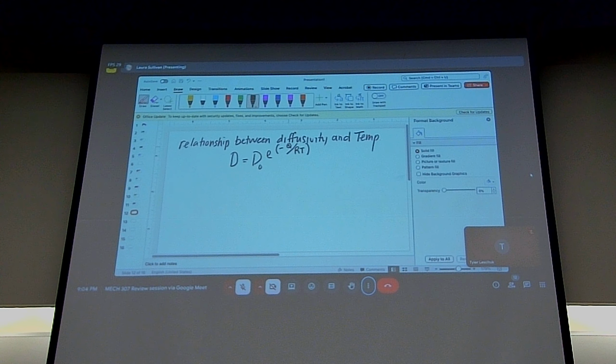This is a different Q, and notice that we have R, the gas constant, rather than k, Boltzmann's constant. D0 and Q are constant for each specific solute and solvent.